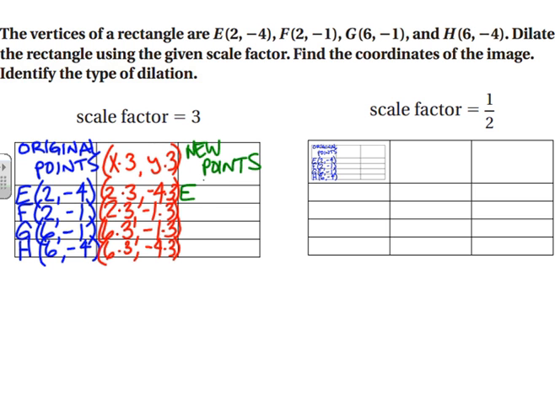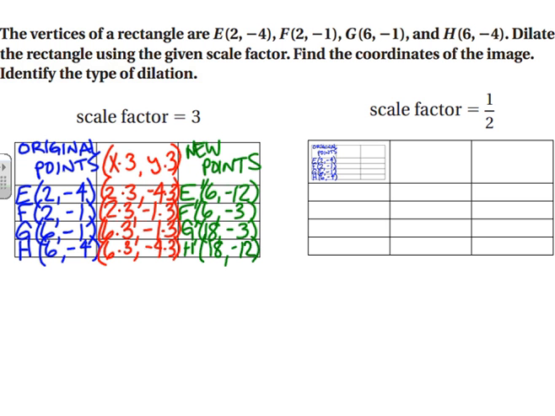E prime should appear at (6, -12). F prime is at (6, -3). G prime is at (18, -3). And H prime is at (18, -12).